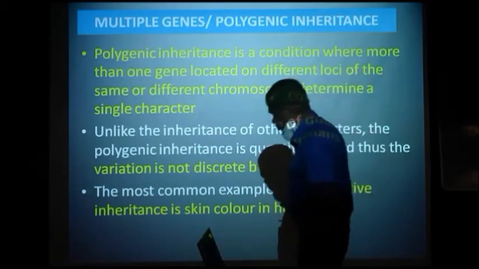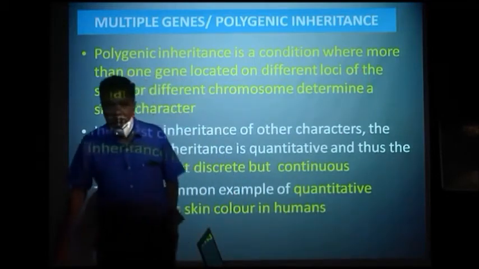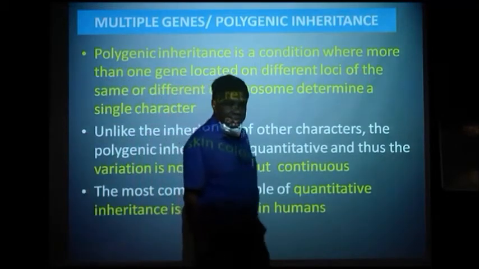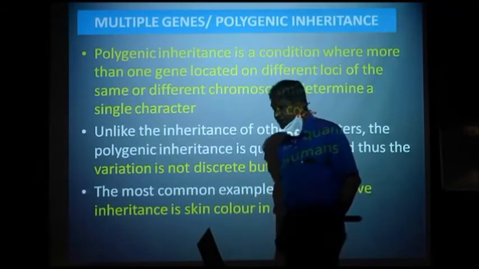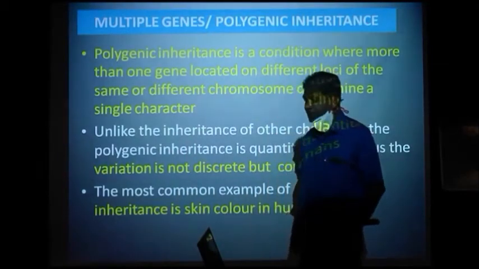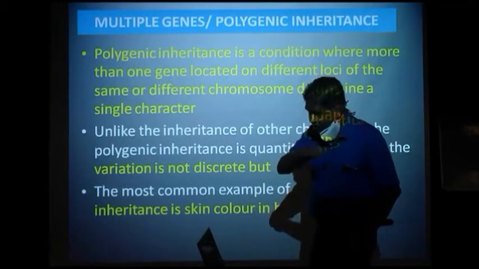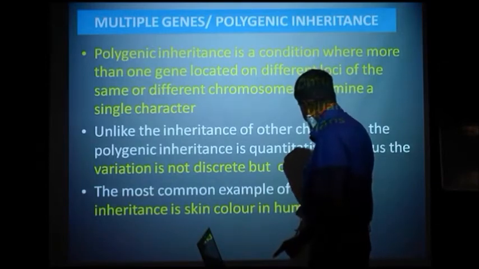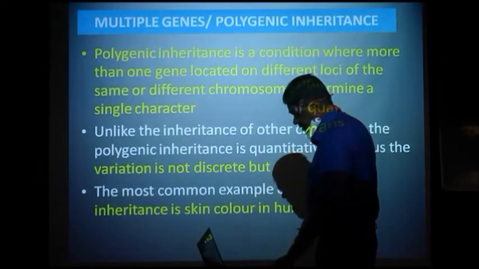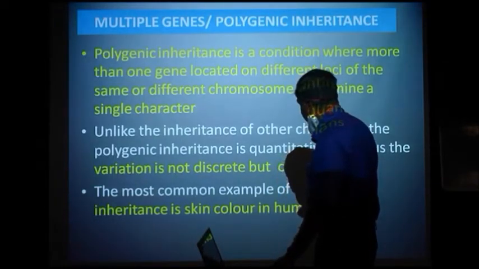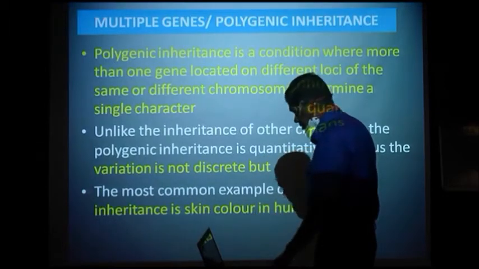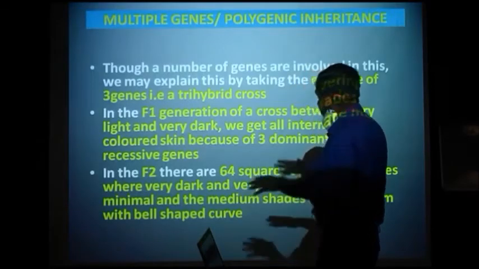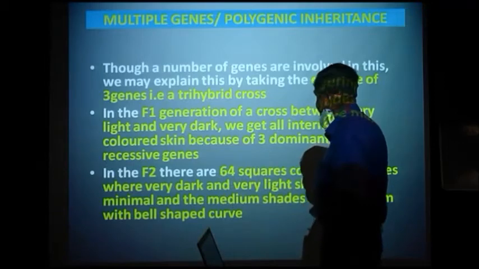But in the case of multiple genes, we find that the effect is not qualitative but quantitative. That means it is continuous. We cannot say this is the demarcation. There are multiple variations.